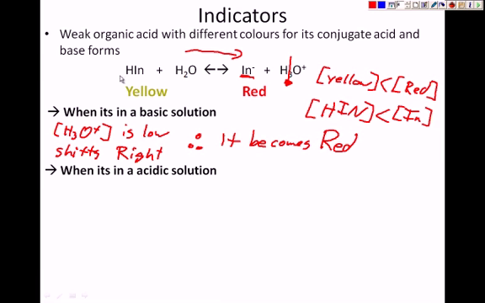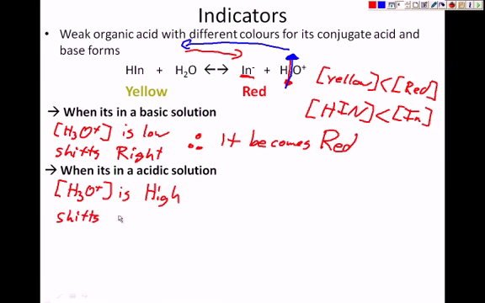Now, when it's in an acidic solution, the concentration of H3O plus is quite high. This is very, very high, and since this is very high, it shifts to the left, and therefore it becomes yellow.